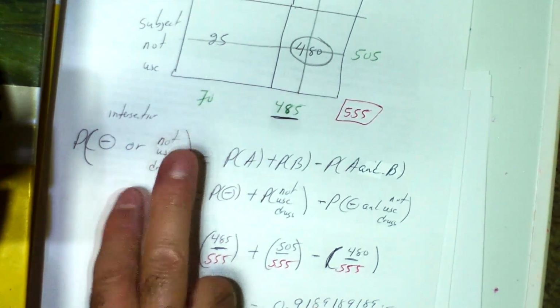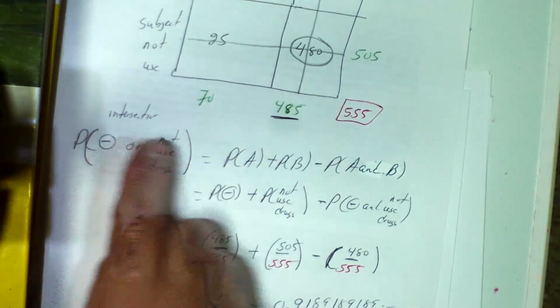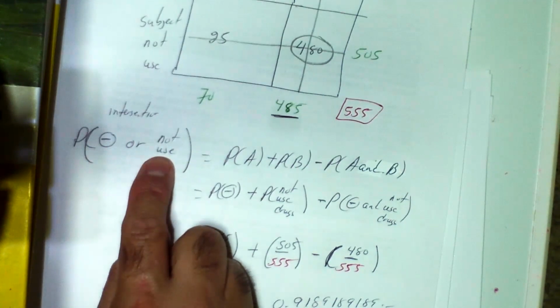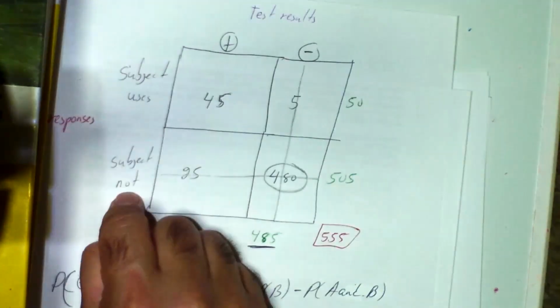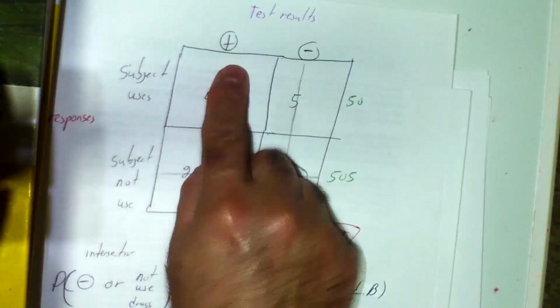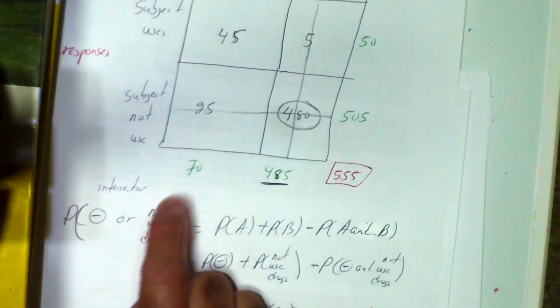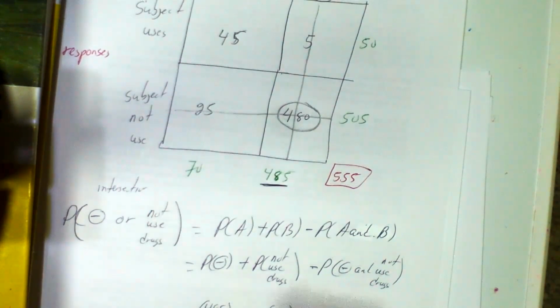The previous one, I had a response and a test result. Yes, that is correct. They only intersect when you have one of these and one of these. You're going to be using the intersection. So you're saying, well, when do I use the disjoint?